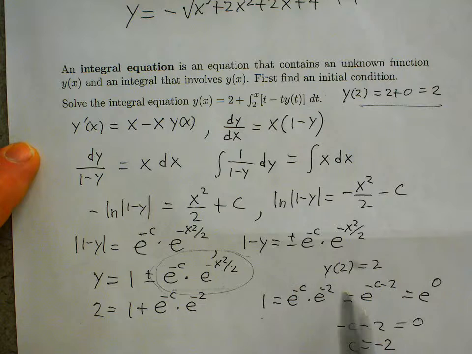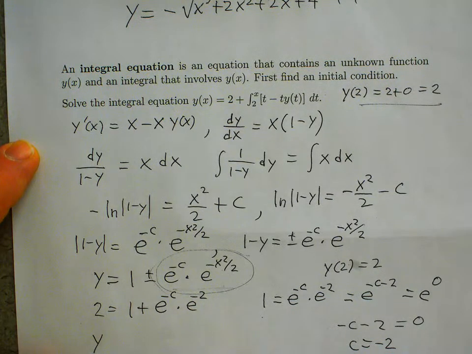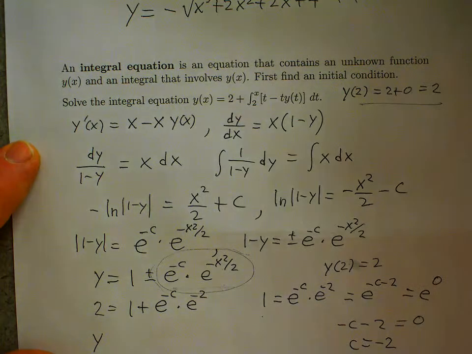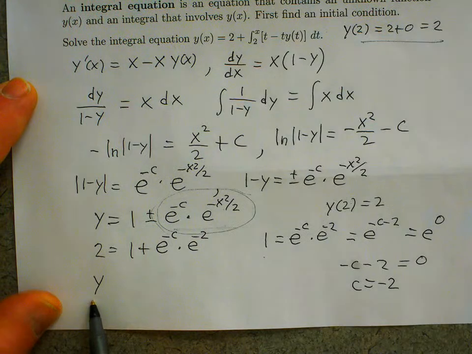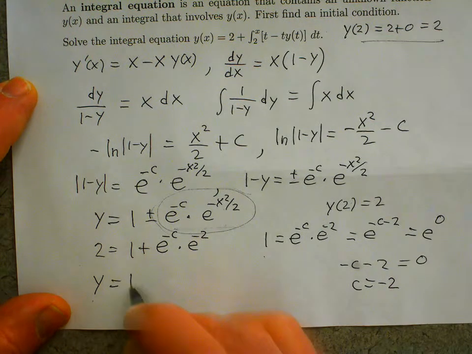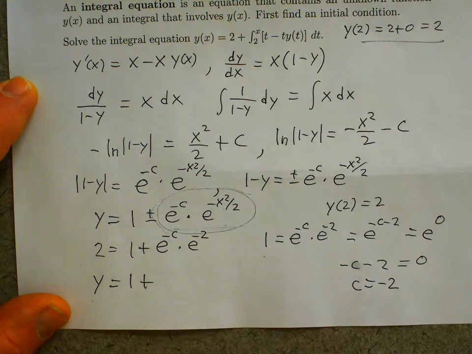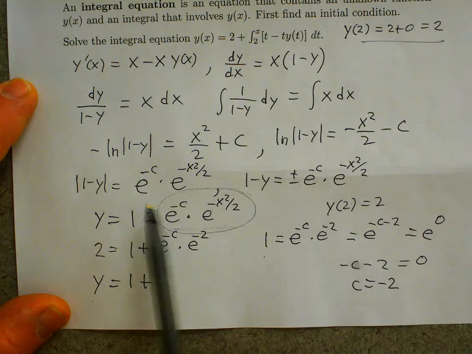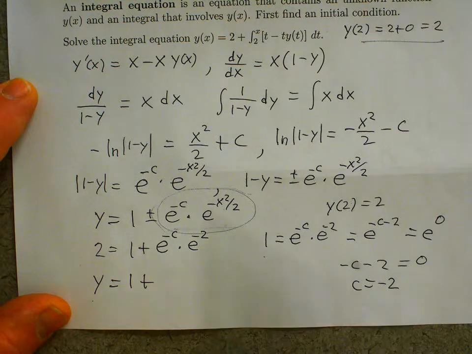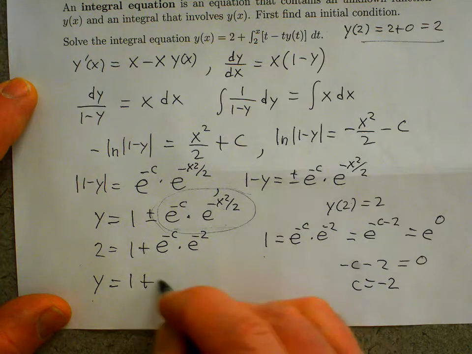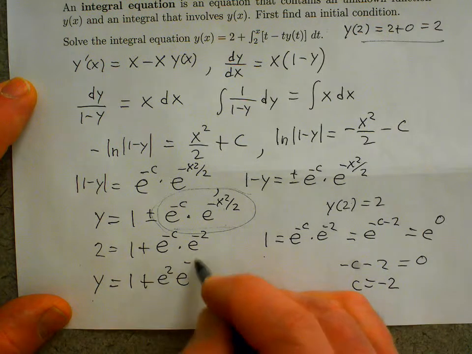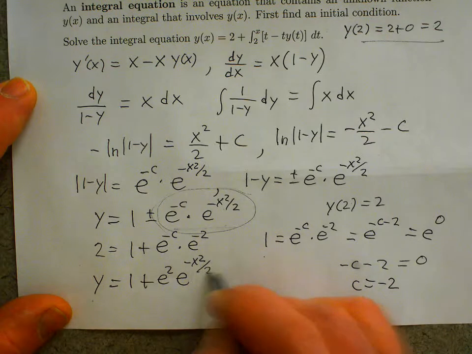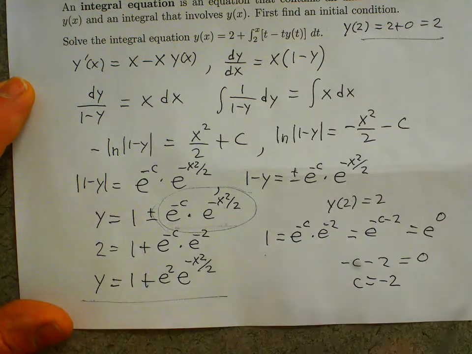Okay, so our function y is 1 plus, so if c is negative 2, this is just e squared times e to the negative x squared over 2. That is our function.